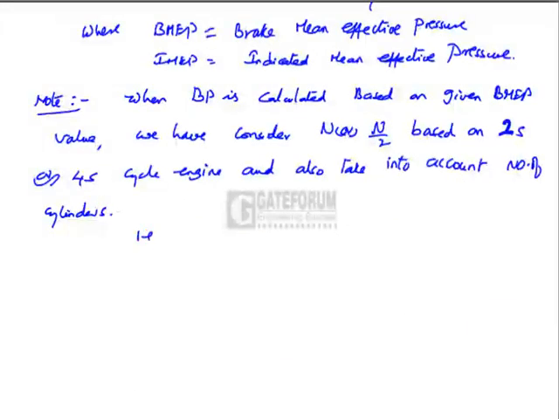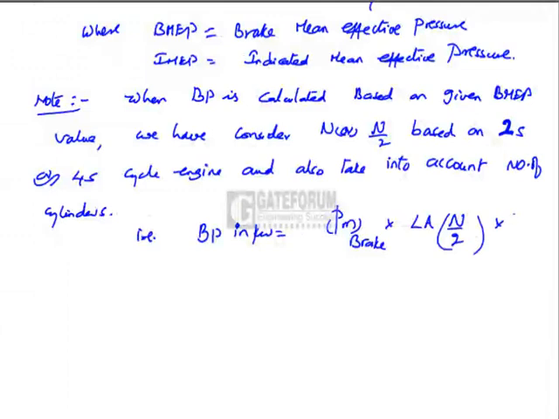That is, brake power has another formula. Brake power in kilowatts is equal to P_m brake, that is brake mean effective pressure, into L A into N by 2 or N based on 2-stroke or 4-stroke engines, into K. This is the formula for 4S engine, 4-stroke cycle engine.